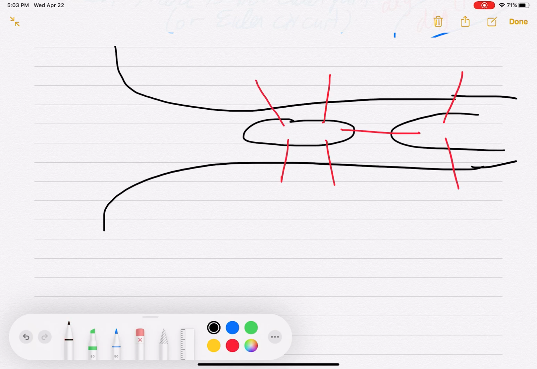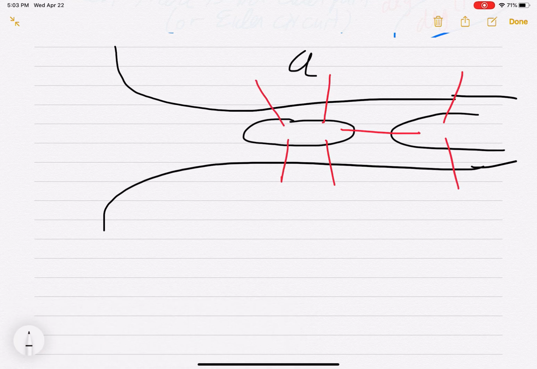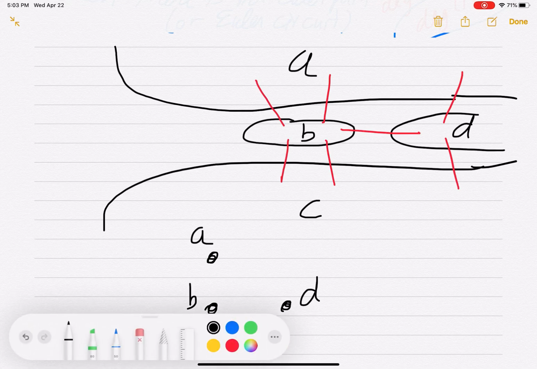Let's call this northern land A, this island here B, this southern land C, and this island on the east side D. So you can write A, B, C, and D, and connect those with these edges.